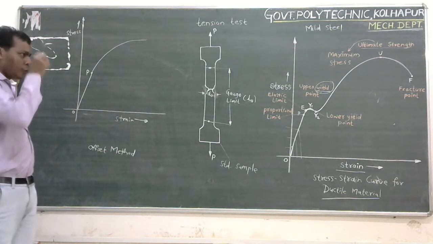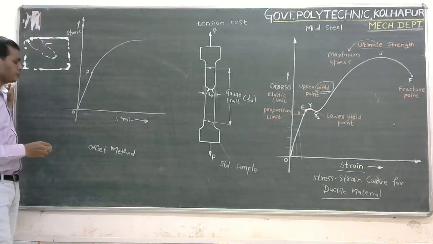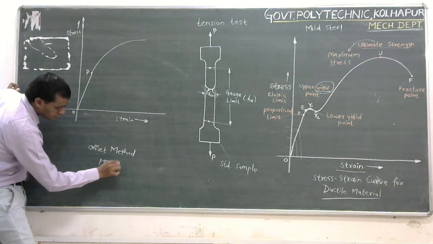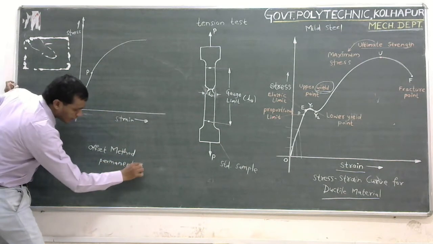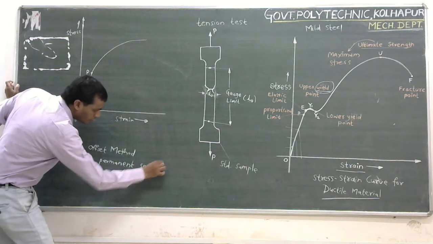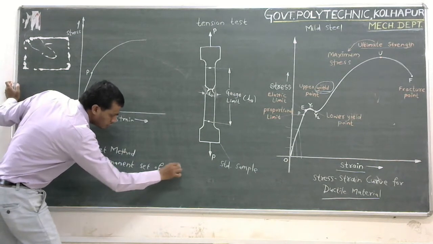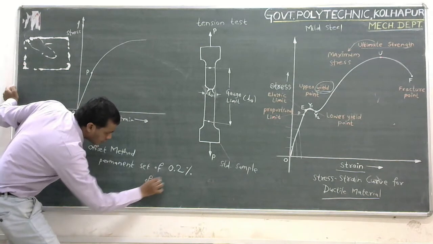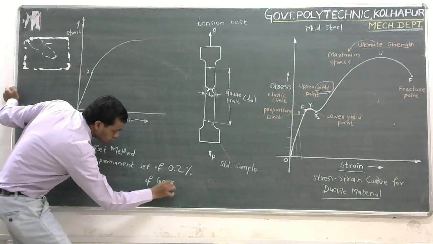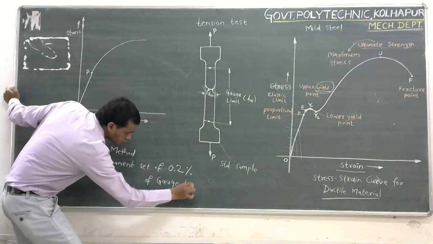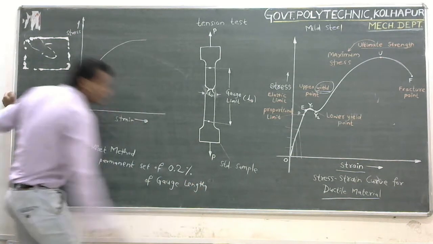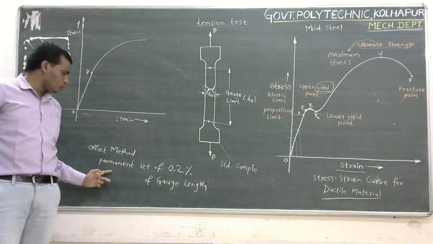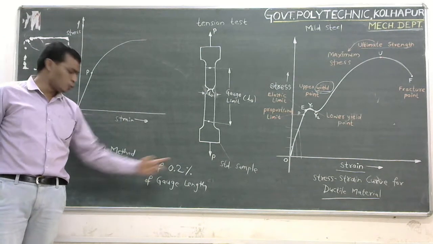In this method, what we assume is a permanent set of 0.2% of gauge length. We consider the yield point at a permanent set of 0.2% of gauge length.